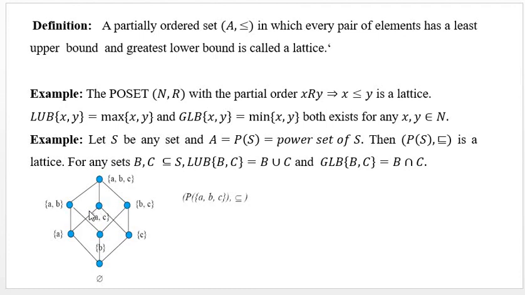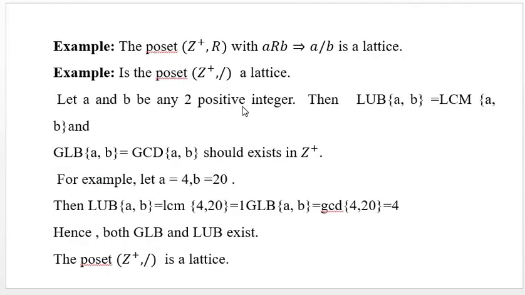And if you consider set AC and set BC, their union is set ABC. If you take the intersection, set AC intersection set BC, that is set C. So like that, the union and intersection of two elements in P(S) exist, therefore it is a lattice.